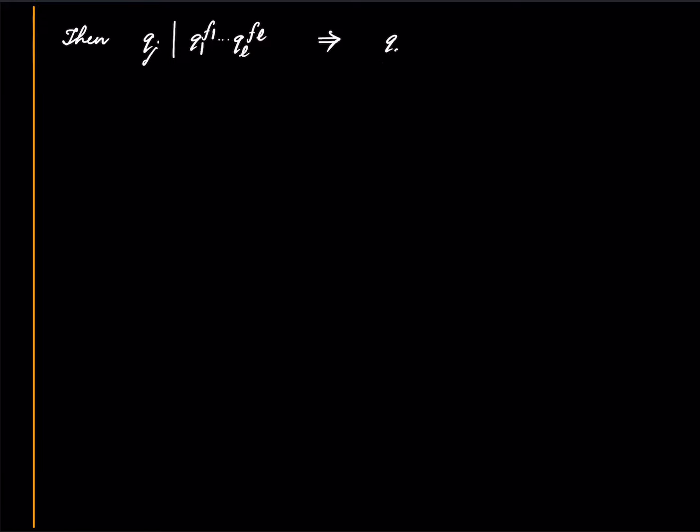So this implies that Qj divides n, because this is equal to n, which implies Qj divides P1 to the E1 up to Pk to the Ek, right? But Qj is not appearing anywhere here. So Qj is relatively prime to P1, Qj is relatively prime to P2, up to Qj is relatively prime to Pk.